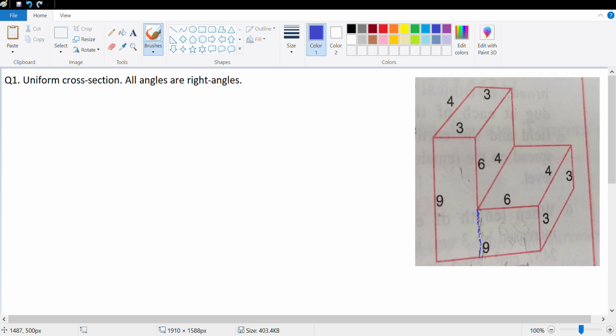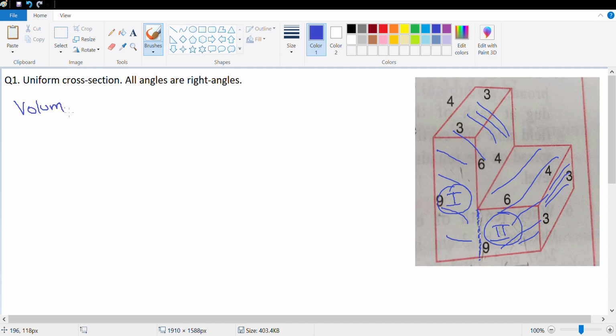So let me draw a line here and divide this into 2 different solids. The first one would be this one, and the second solid would be this cuboid, which is lying horizontally, and this one is lying vertically. So let's call this cuboid 1, let's call this cuboid 2. So volume of cuboid 1 will be equal to the length into breadth into height.